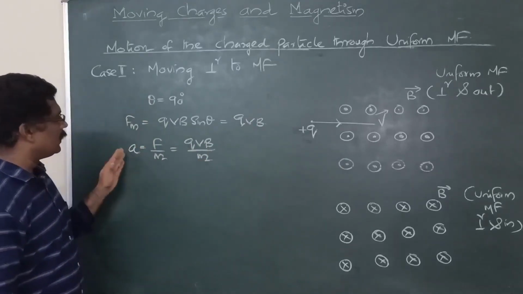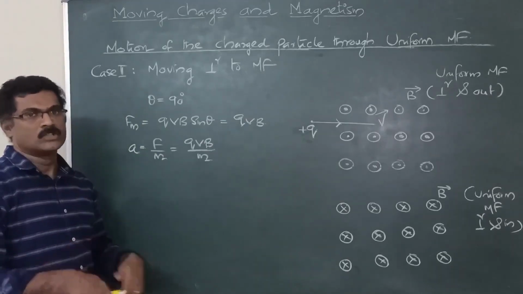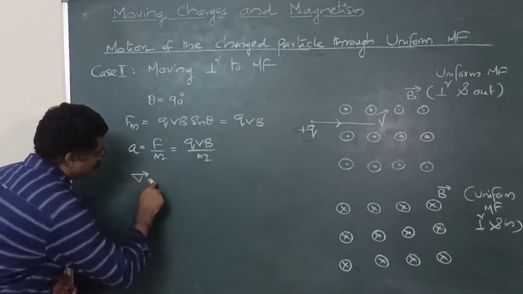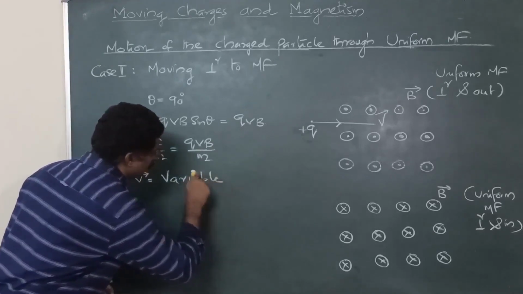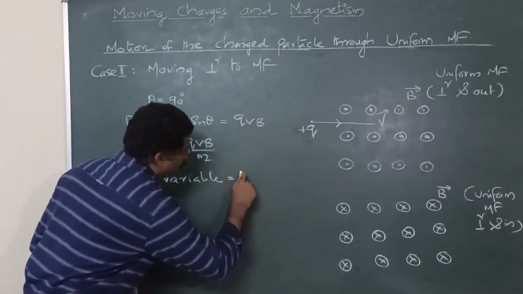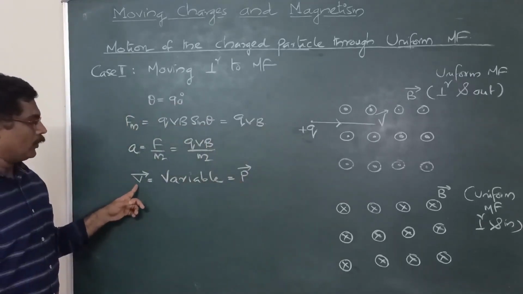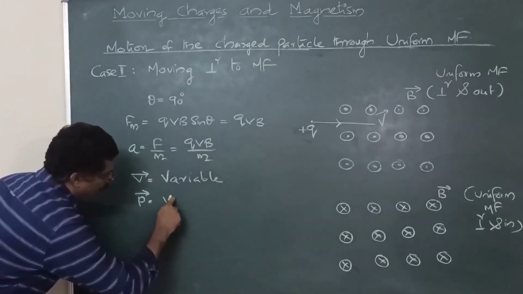Okay, from here you can say that velocity goes on changing, so the velocity is a variable. It is not a constant, it is a variable. Momentum is also a variable.